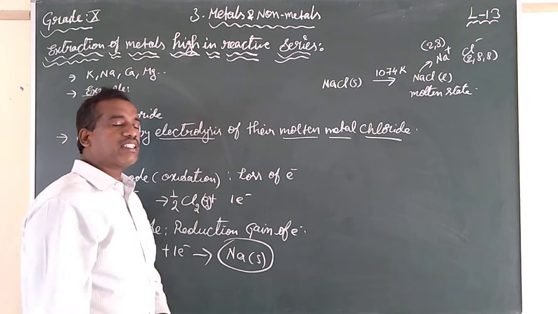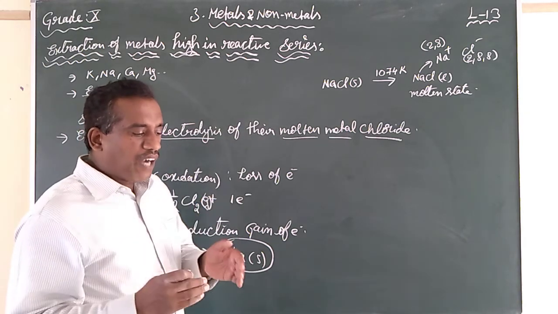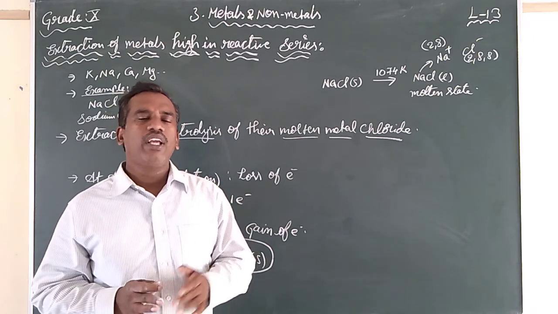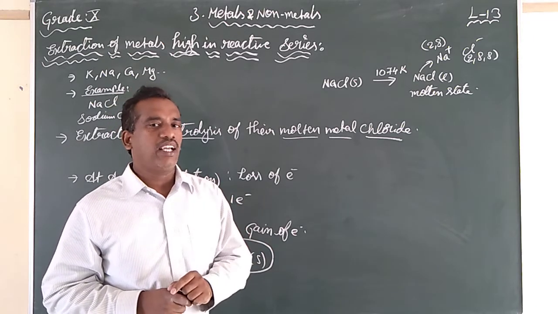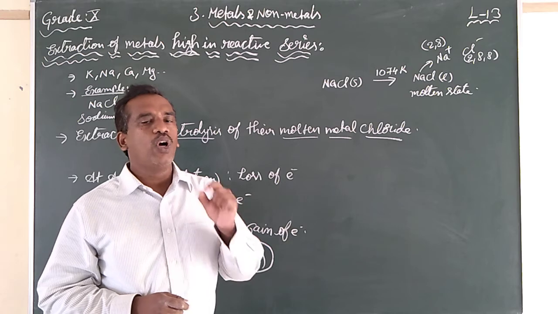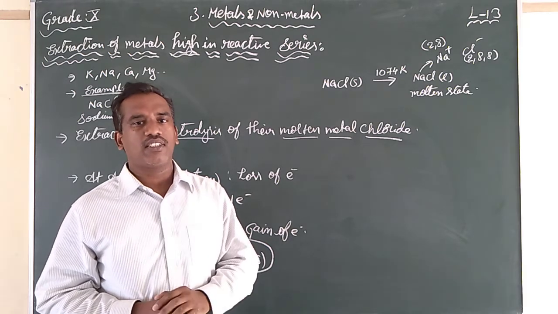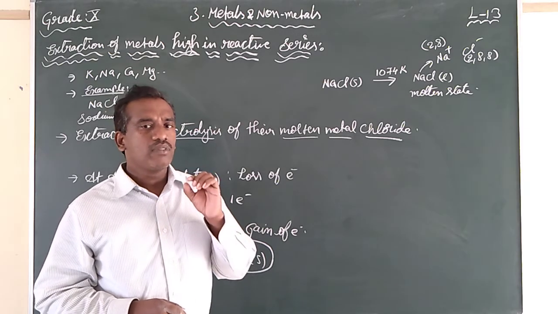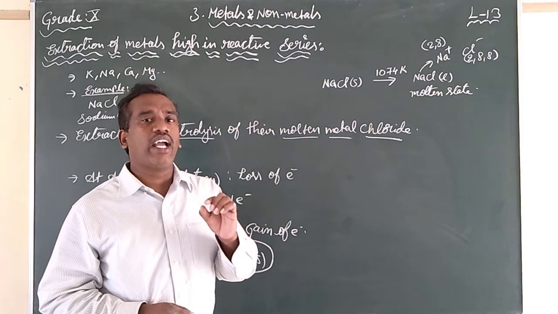Let's go on with the topic. After extracting any metal, it is not in a pure form. It will have some impurities in it. Now our task is to remove those impurities. Such a process we call electrolytic refining.